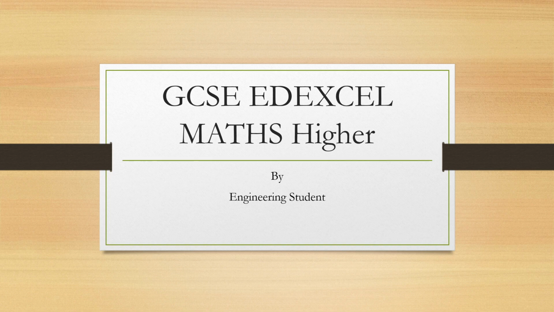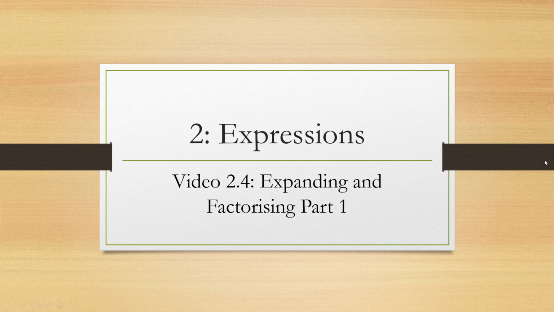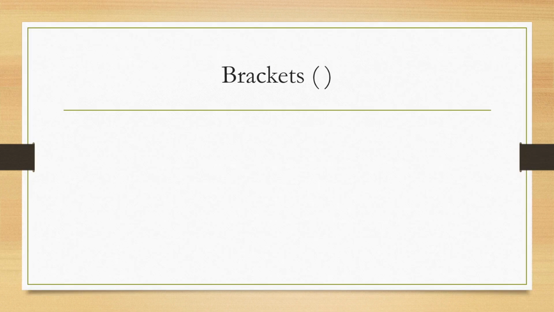So this is video 2.4, expanding and factorizing part 1. Let's start. We're going to start off with looking at brackets, but these are very important because in this section, section 2 expressions, it's mainly looking at algebra.